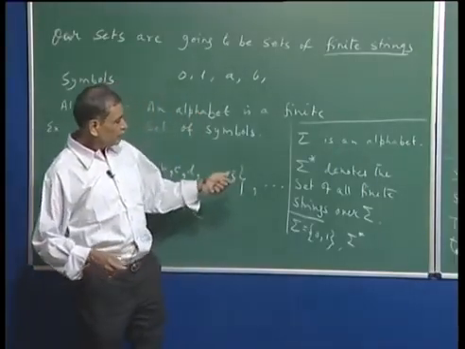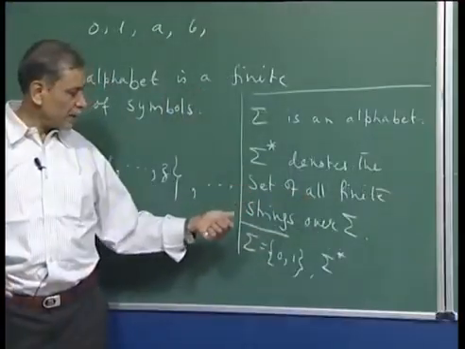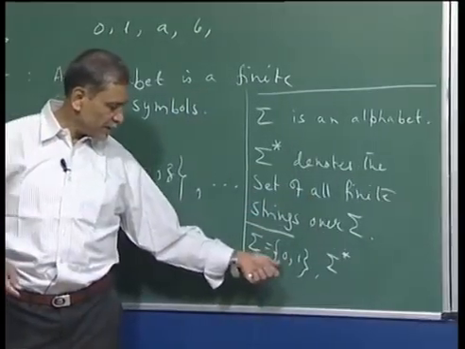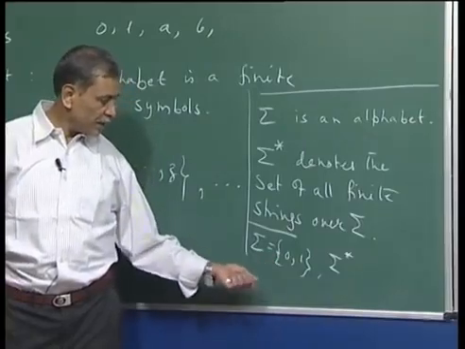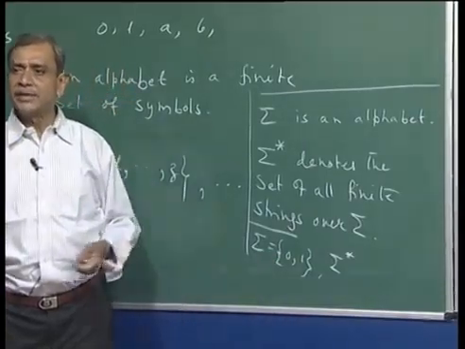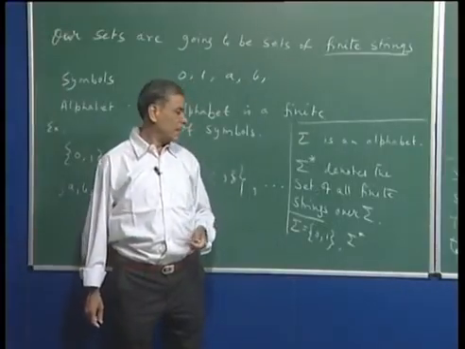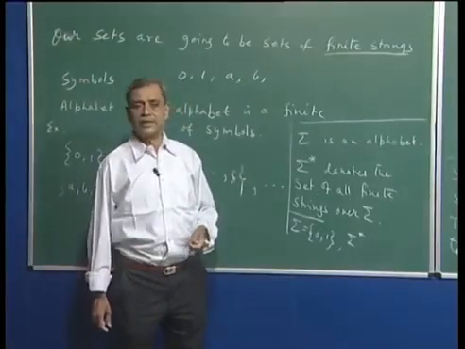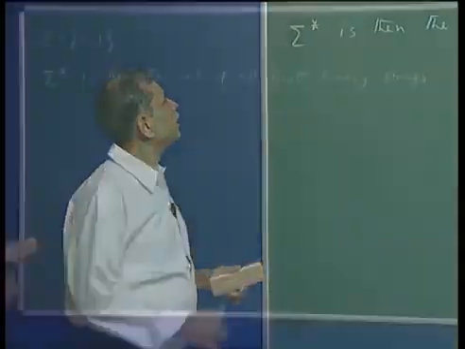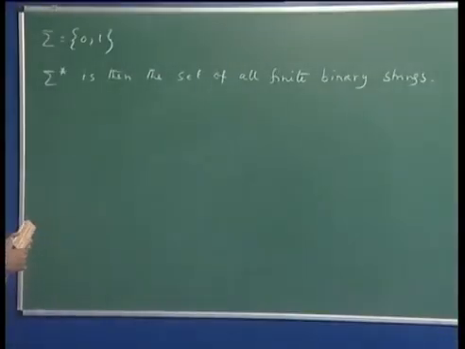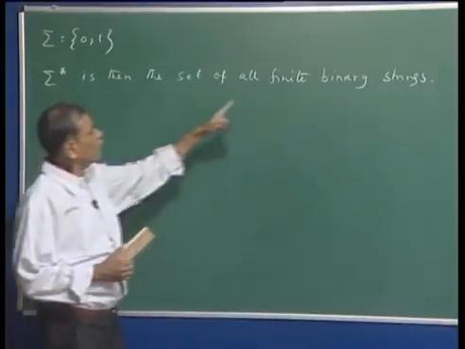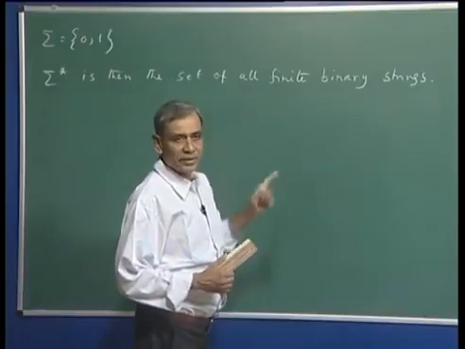And we said sigma star denotes the set of all finite strings over sigma, and this is the binary alphabet. Therefore, sigma star in this case is going to be the set of all finite binary strings. So, consider the binary alphabet which consists of just two symbols 0 and 1. In that case, sigma star is going to be the set of all finite binary strings.